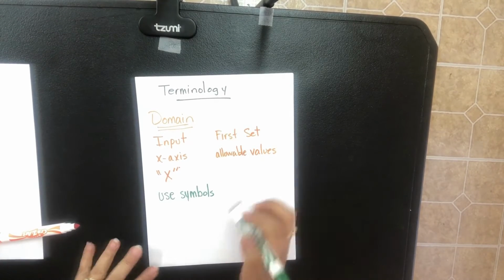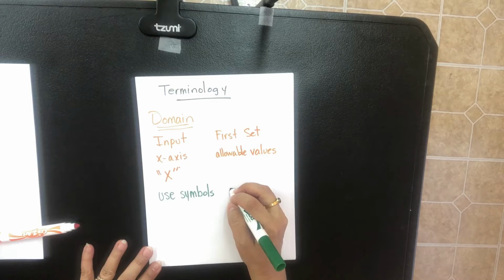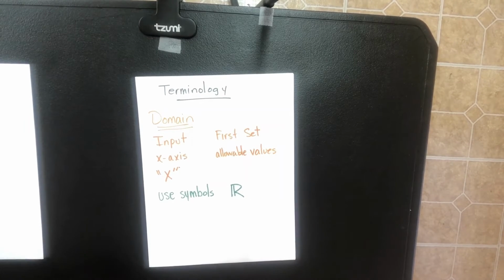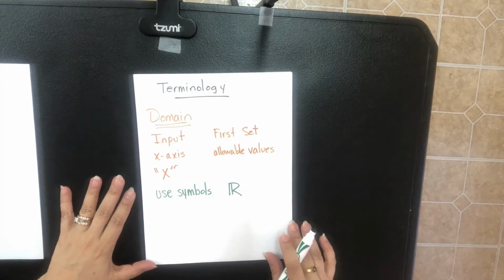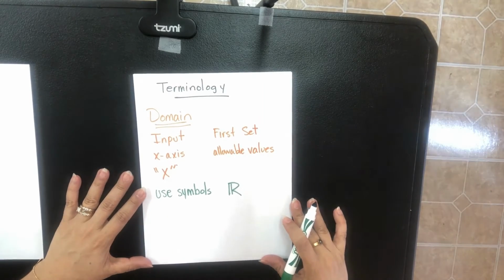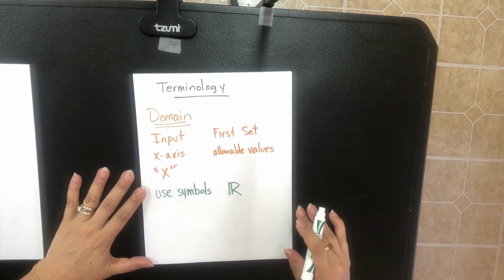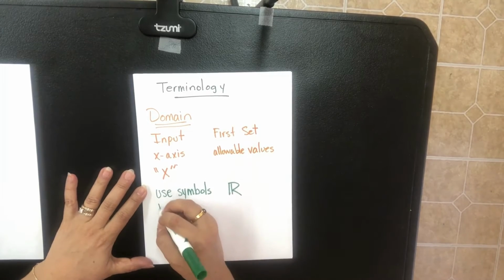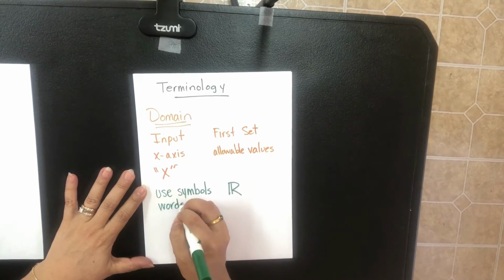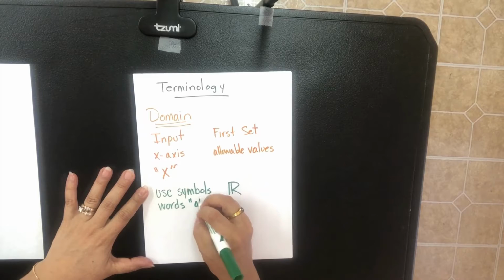For example, if we want to say all real numbers is the domain, then we might use the crazy R or the bold R. Sometimes it's scripted, sometimes it looks like a cursive, but that's another conversation. We can also use words. So we can write something like all real numbers.